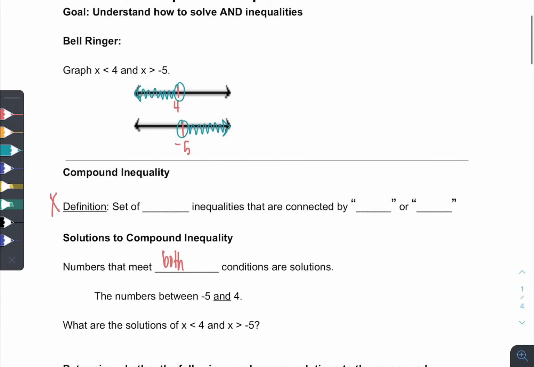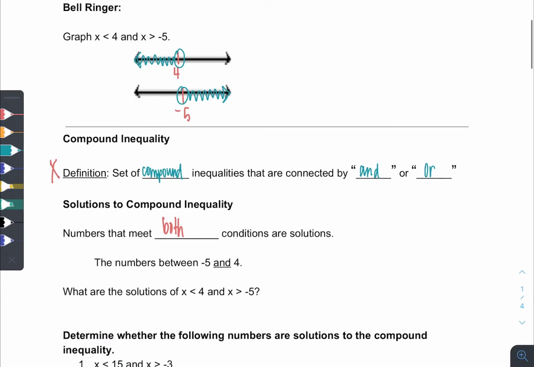There are two types of compound inequalities. The definition of a compound inequality is a set of inequalities connected by and or by or.